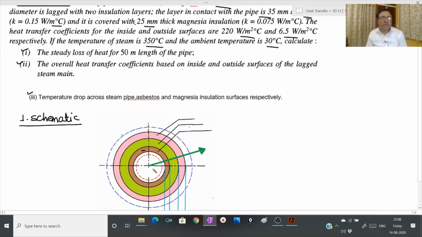In this problem, there is a steam pipe represented by its material A, and this steam pipe is carrying steam inside, having its heat transfer coefficient h infinity i and temperature as T infinity i.